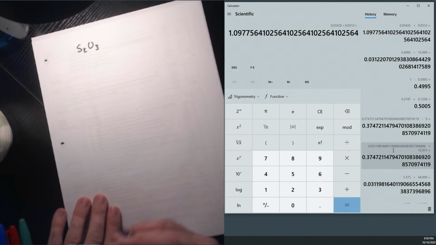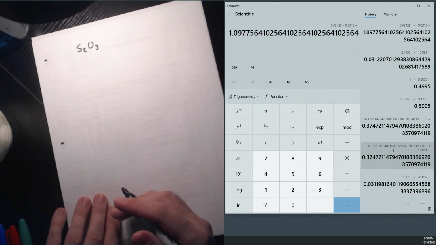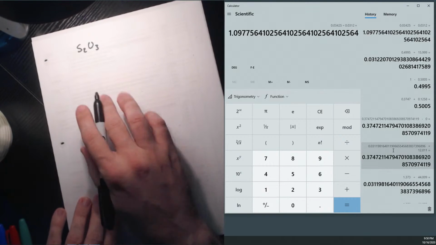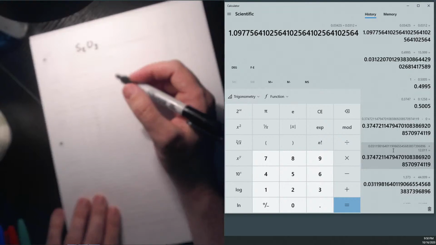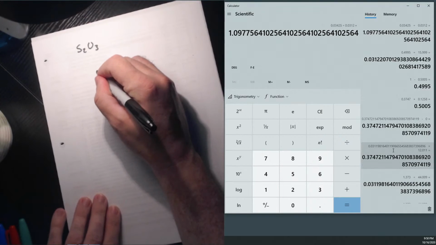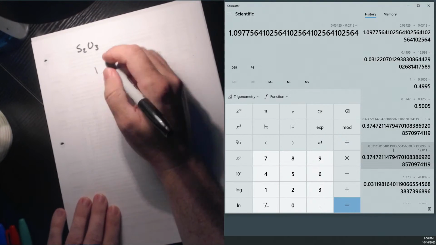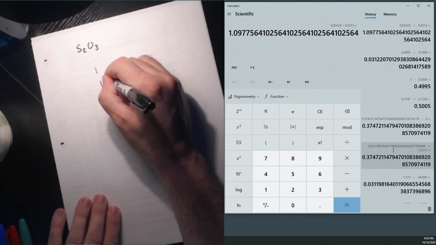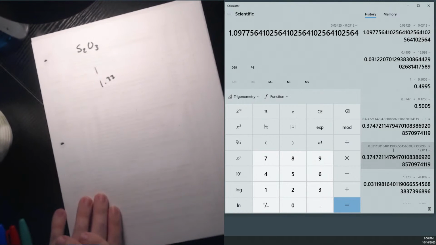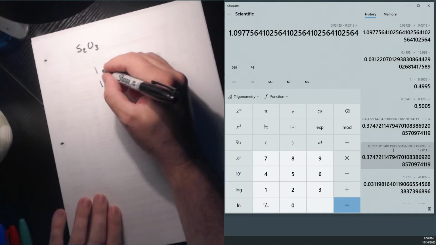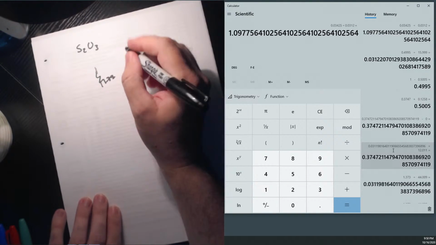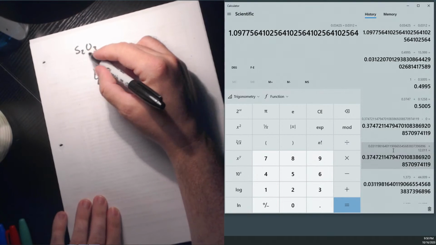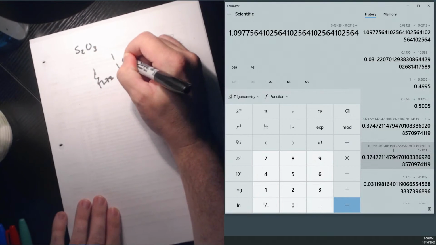If you were to burn this and collect the product, what you would get would not have a 1 to anything ratio. Instead, it would be a 2 to 3 ratio. It would be like 1 to 1.33. No, that's 1 to 1.5. There we go.